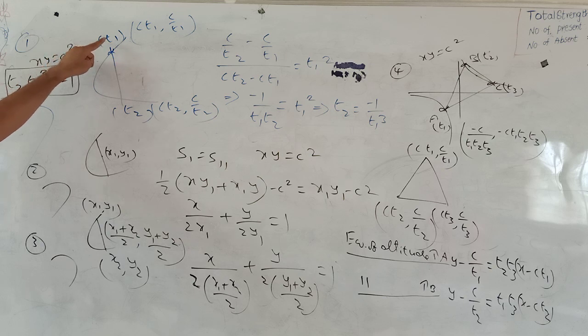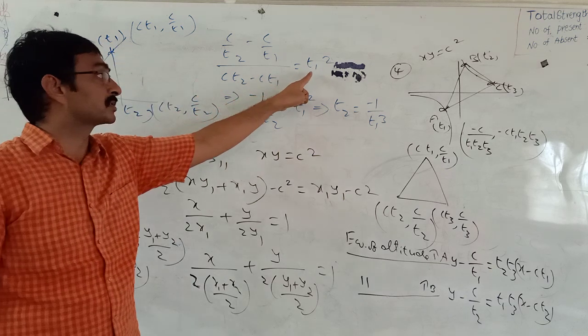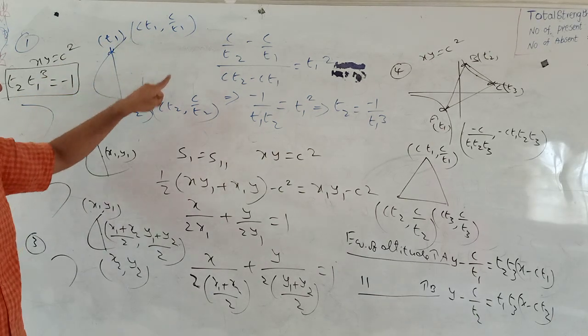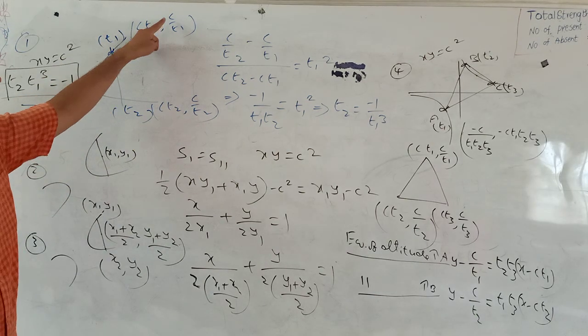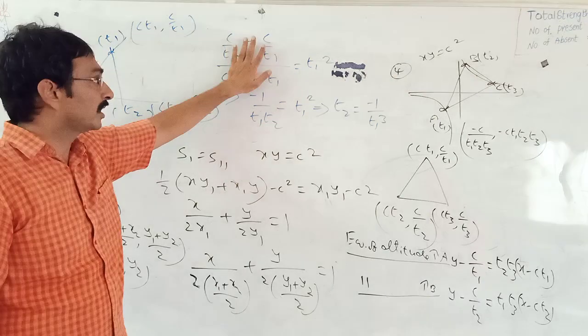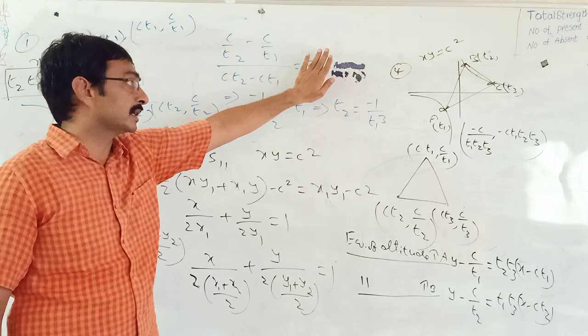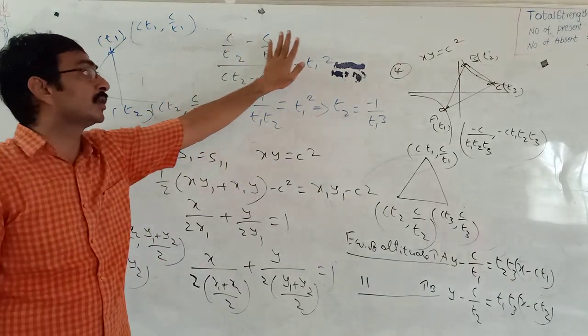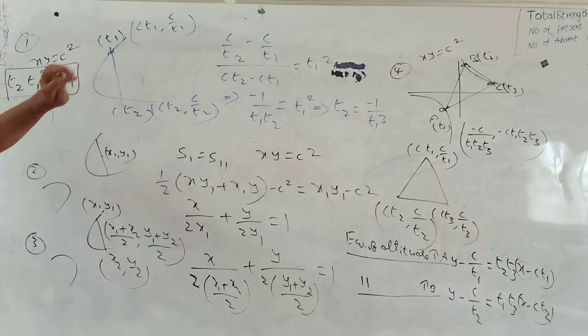Therefore, slope of the normal at T1 is T1 square. And the slope of the line joining the points x1 comma y1, x2 comma y2 is y2 minus y1 by x2 minus x1. So this LHS and this RHS are both slopes of the same line. Therefore, these two are always equal.